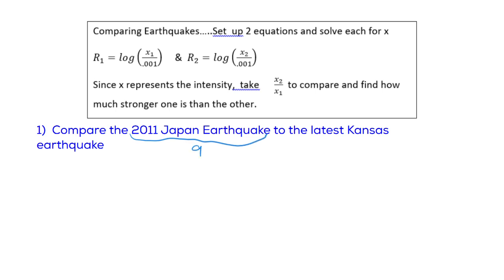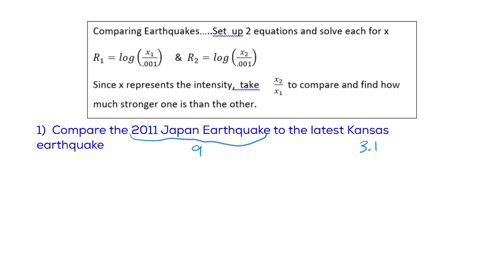So it had a Richter scale value of 9. So yeah, pretty big earthquake. The latest Kansas earthquake, we do actually have earthquakes in Kansas. This varies depending on what year we're doing it, and we just Google what's the latest one. You'd be surprised. We have them all the time. Like, probably had one yesterday, but we came up with a 3.1 was the one we checked and found.